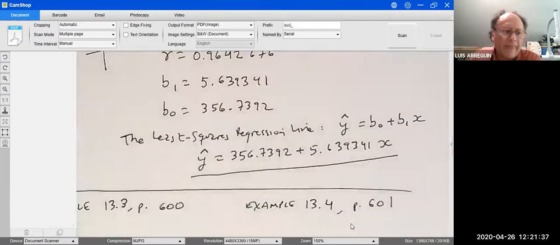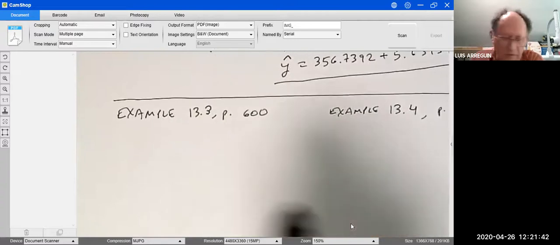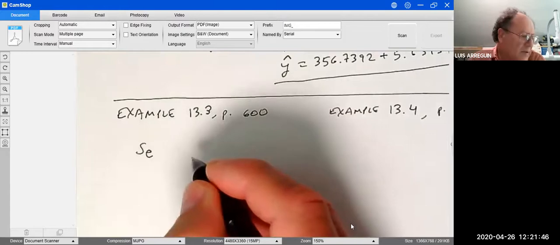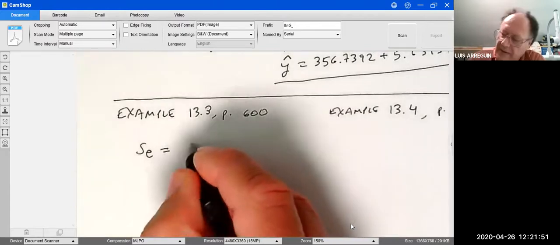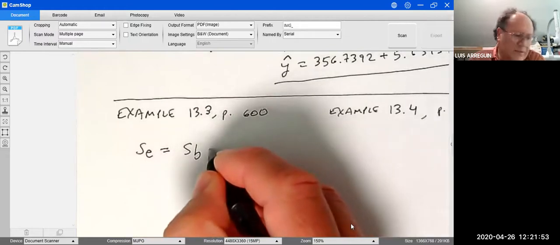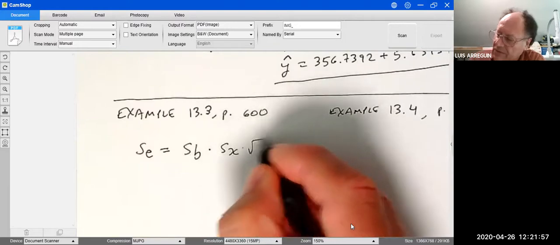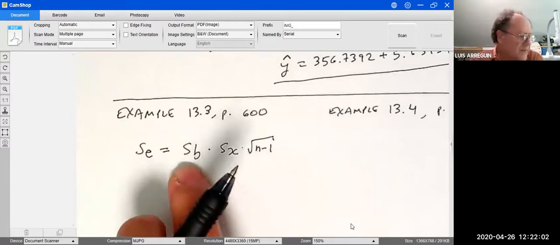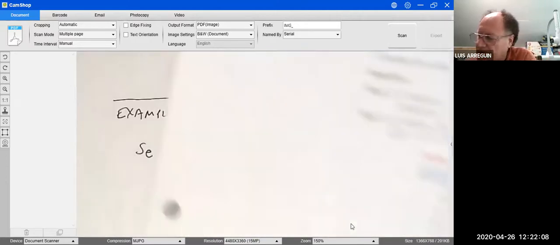So for problem 13.3, the residual standard deviation is going to be SB times the standard deviation of x times the square root of n minus 1. But we need to compute SB, and SB is going to be the solution of the next example. That's the reason we are solving two examples at once.